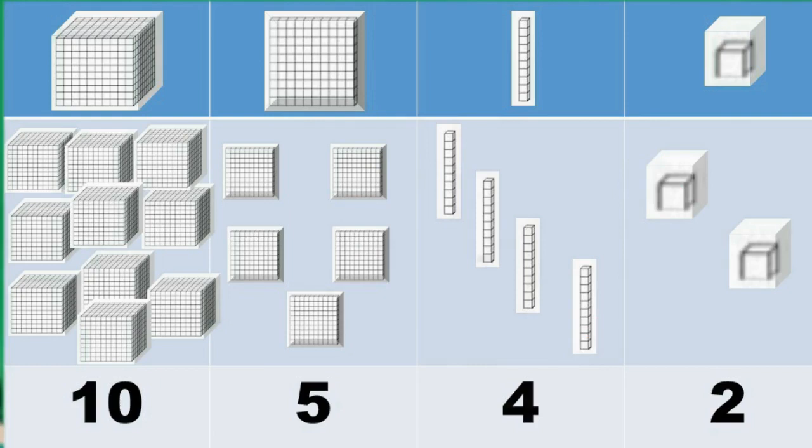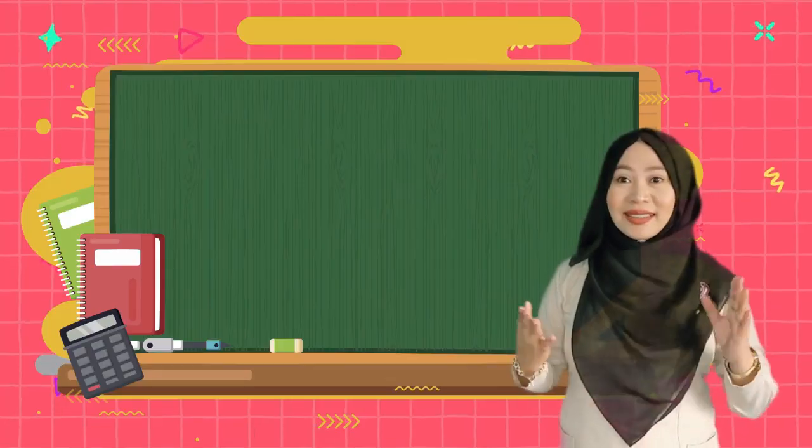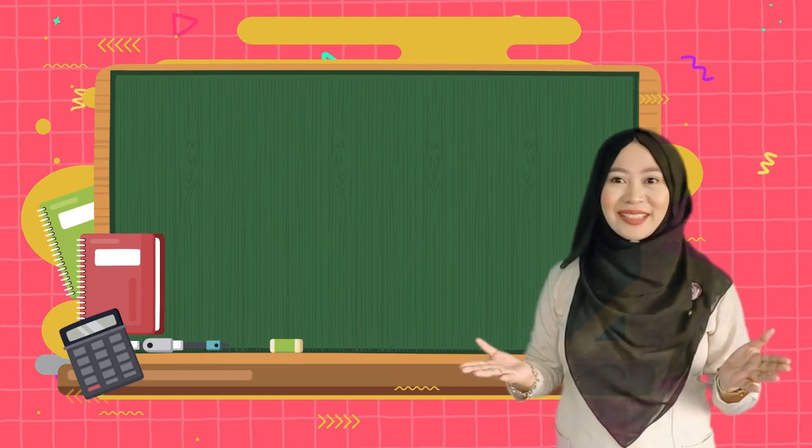How many flat should be at hundreds place? We have 5 flats. So, in thousands place, we have 10 number. How many blocks should be at thousands place? We have 10 blocks. Naintindihan niyo ba, mga learners?